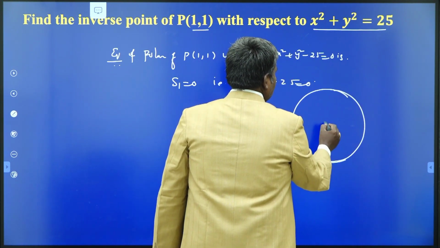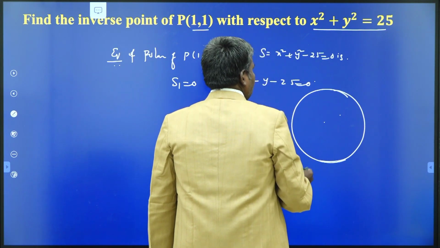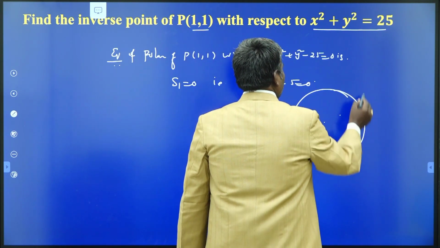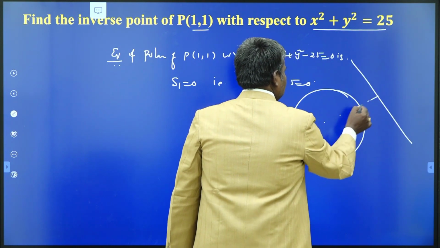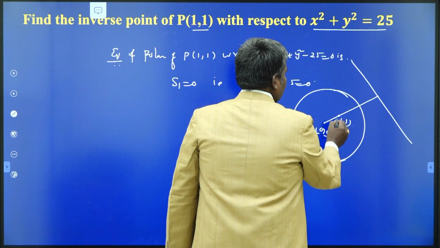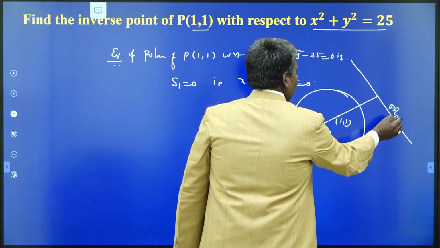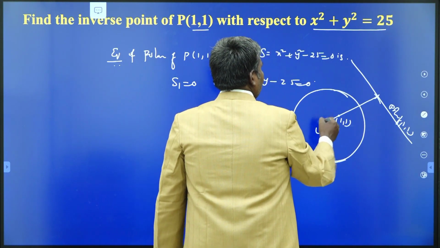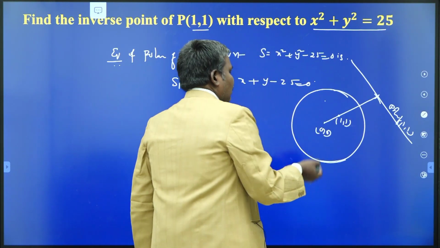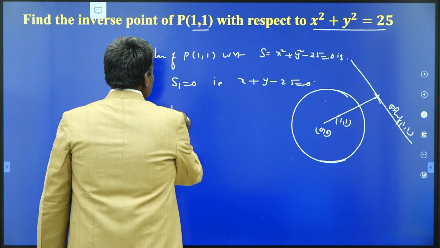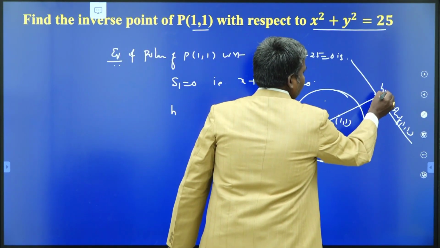This is (1, 1), this is (0, 0), this is my point (1, 1). Your polar is x plus y minus 25 equals 0. This is the origin, this is the point (1, 1), this is the polar of (1, 1). You find the foot of perpendicular drawn from (0, 0). We prefer the origin. You may take (1, 1) also. So (h, k) is the foot of perpendicular.